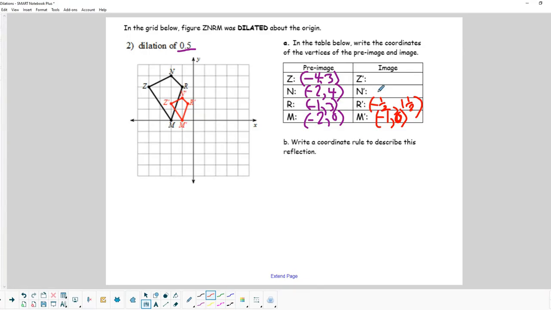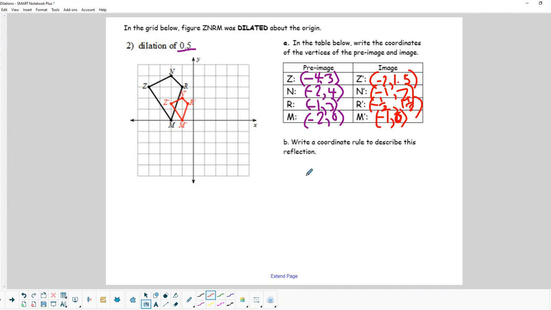And N prime would be negative 1, 2. And of course the Z prime would be negative 2, 1.5. I guess down here where I put 1 1/2, I could have put 1.5 as well.